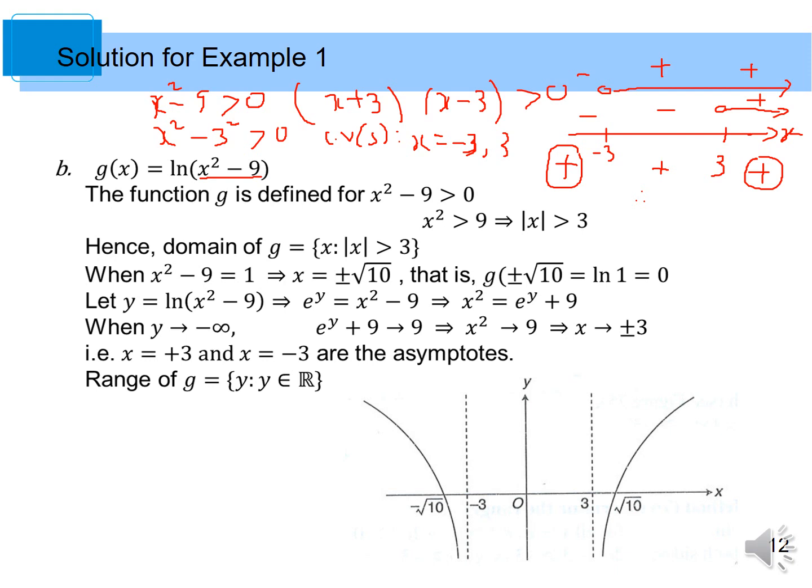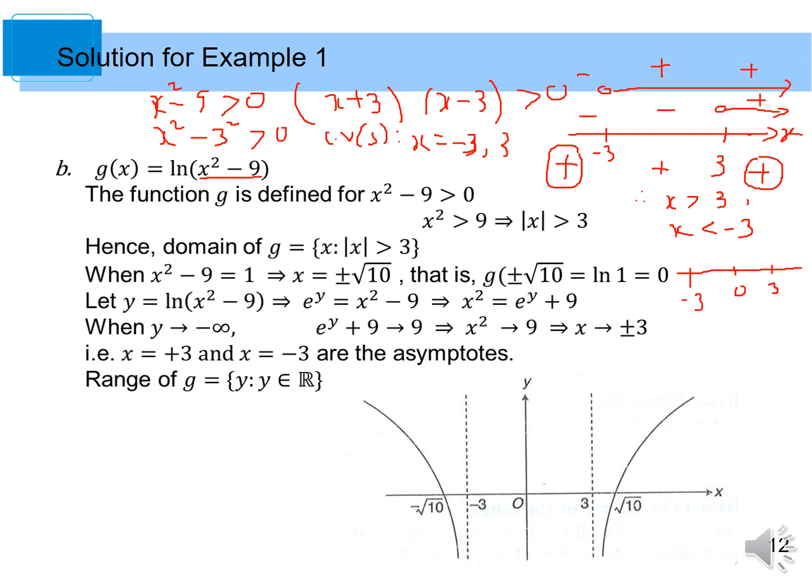So our domain, to make this function valid, or we say defined, the x value should be greater than 3 and less than negative 3. So you can conclude, for example, this is 0 and 3 and negative 3.